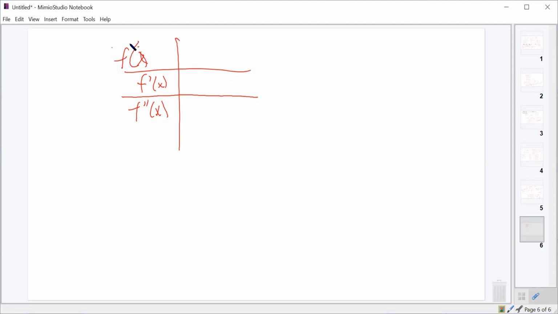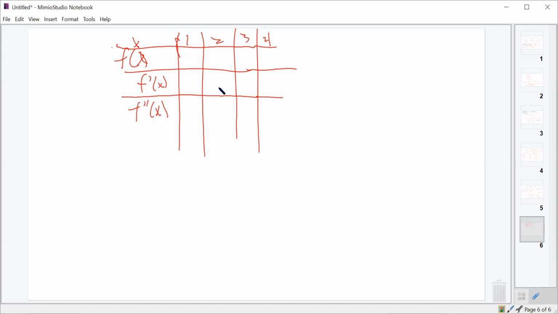So let's say we've got values of x of 1, 2, 3, 4. And let's say that at x equals 2, f prime is equal to 0. We've got a negative 1 here, we've got a 3 here.